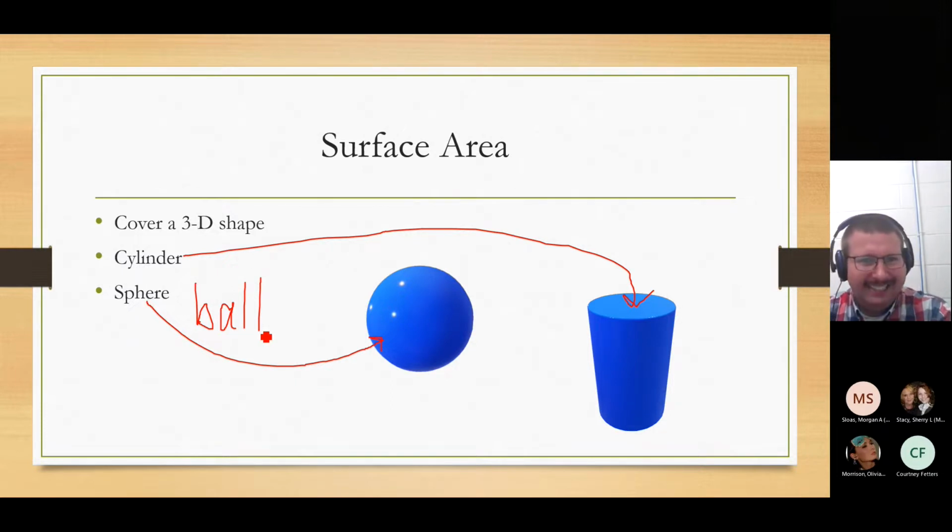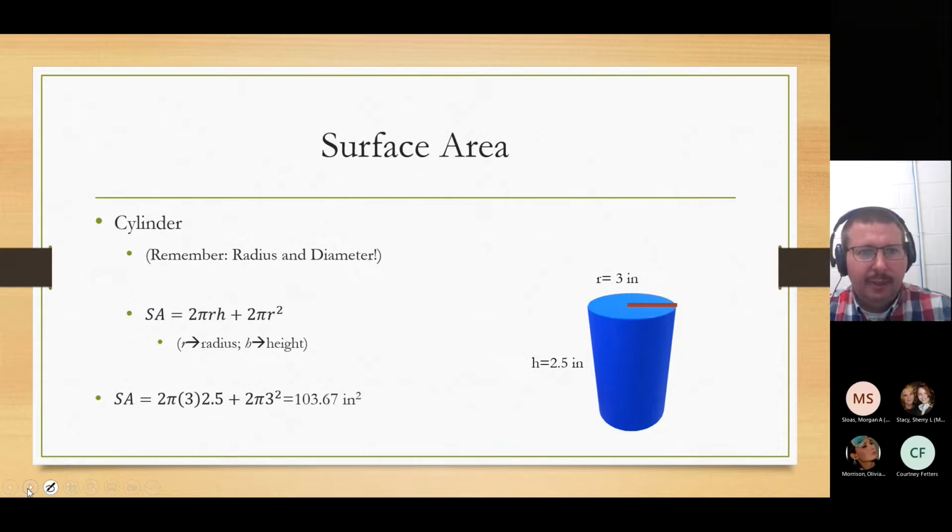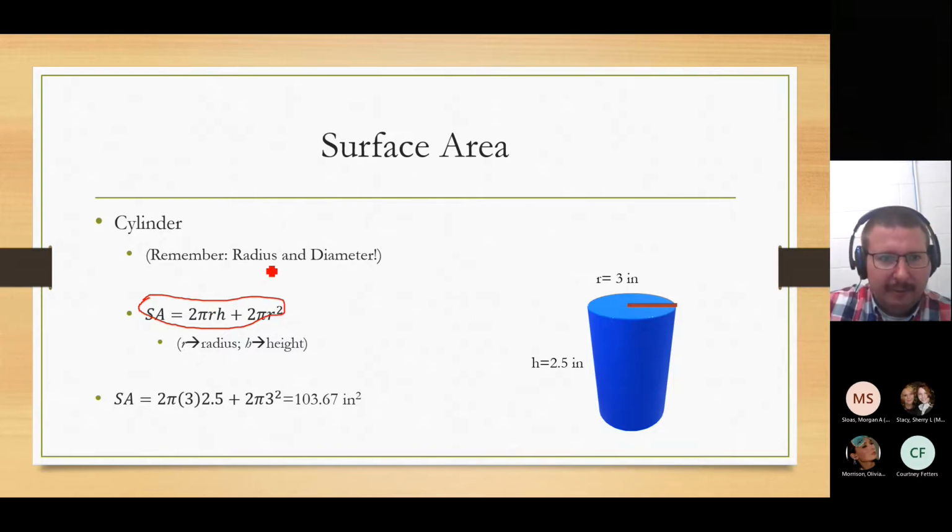So again, they give you the formulas, you just have to know how to use them. So with surface area, this is the formula for surface area. We still have to remember radius and diameter. Radius is half of it. Diameter is all the way across.